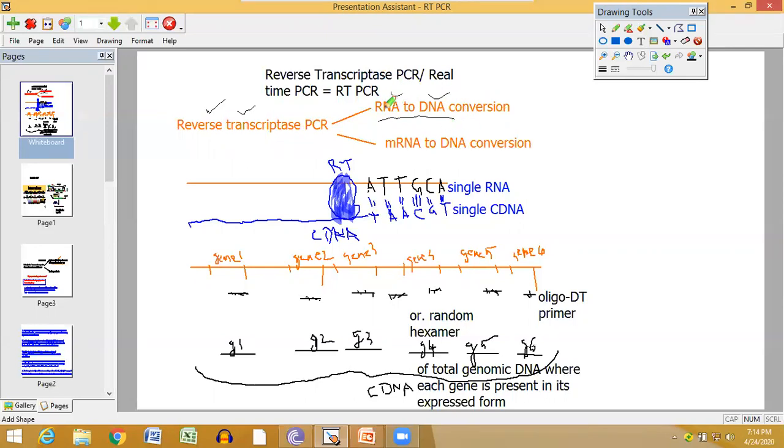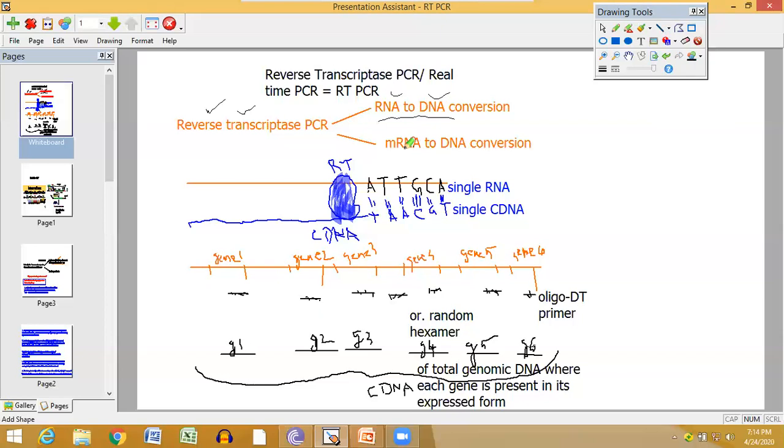Also, in reverse transcriptase PCR, you can differentiate two cases. If you have a single type of RNA, that is RNA transcribed from a single gene, then we can do the reverse transcriptase PCR to have that particular DNA.